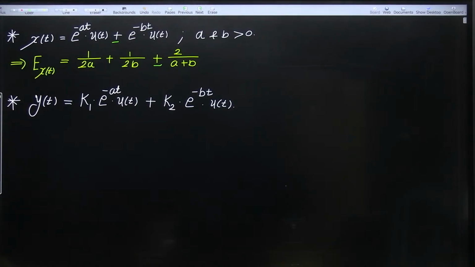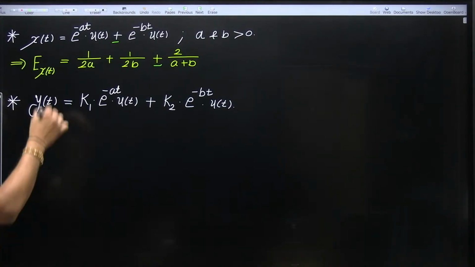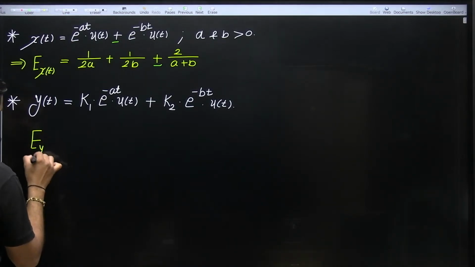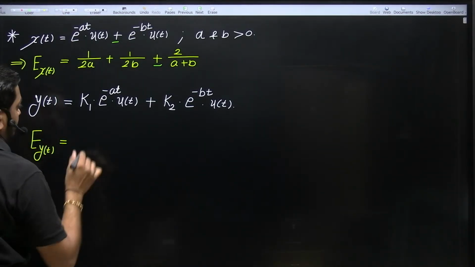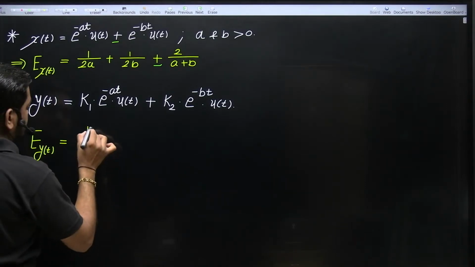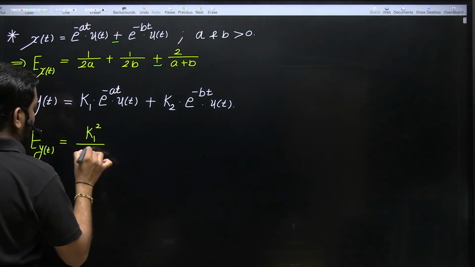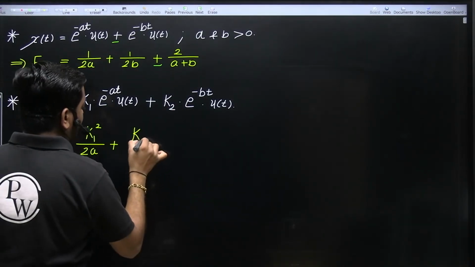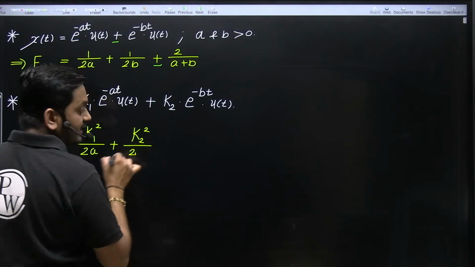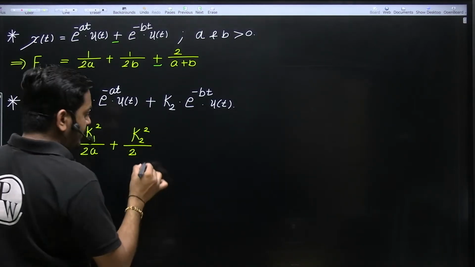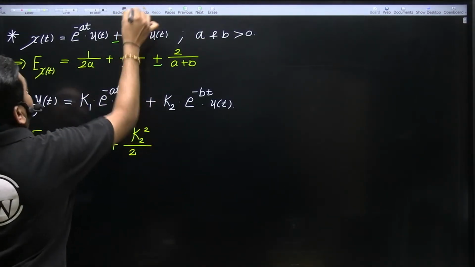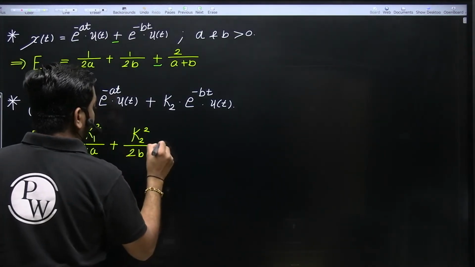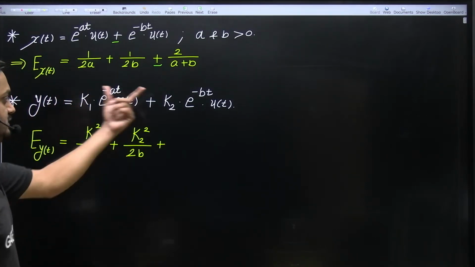Due to k1, the energy of y(t) has amplitude scaling factor k1, so k1 square divided by 2a, plus again square, k2 square divided by 2b, and plus a square plus b square plus 2ab.